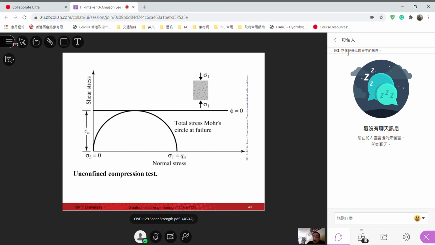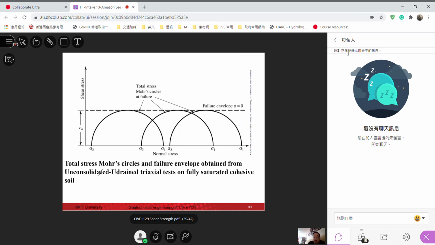This is the unconsolidated undrained test. Again, this is under totally undrained condition, so absolutely no consolidation, no drainage of water.